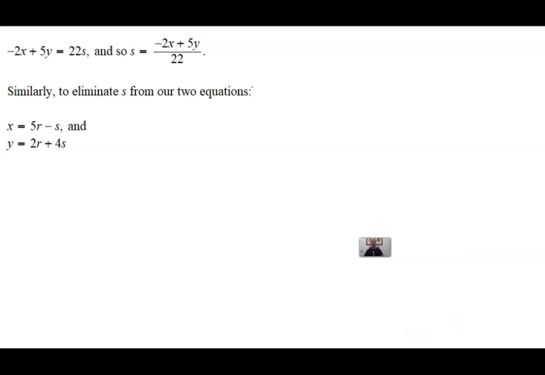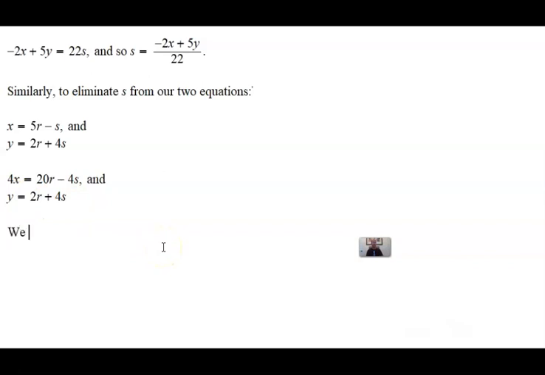But since we're already at it, why don't we just eliminate s from our two equations, just like we eliminated r? In this case, it's actually easier to eliminate s, because all we have to do is multiply the first equation by 4, so that negative 4 cancels with positive 4. So we get 4x equals 20r minus 4s, and the second equation we just copy, y equals 2r plus 4s.